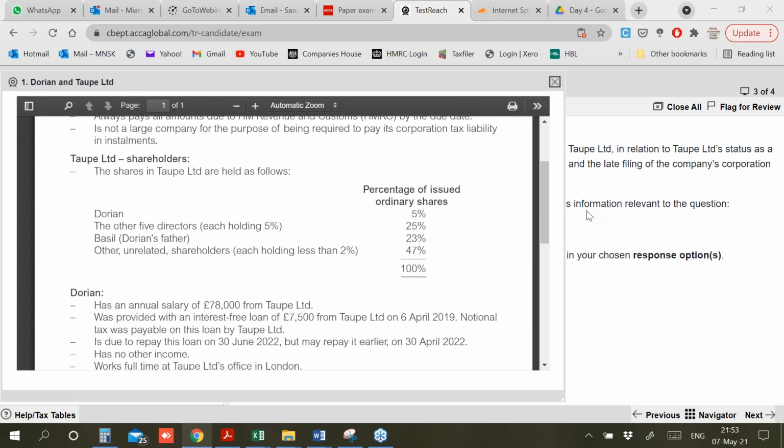A company is closed, guys, if it is controlled by any number of shareholders who are directors. Control means that they must have the majority control. The problem here is that Dorian and the other directors are not controlling the company because they do not have the majority shareholding.